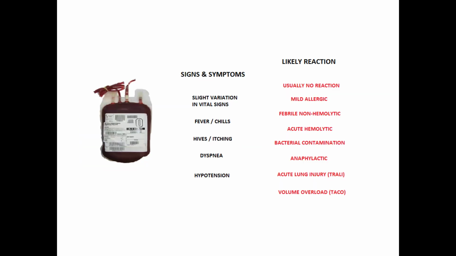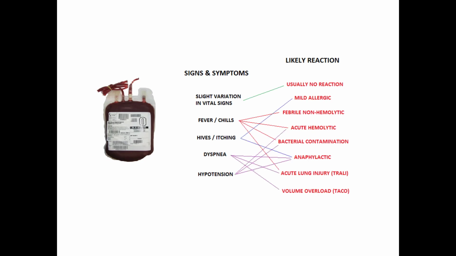Now, one of the difficulties with identifying transfusion reactions is that certain signs and symptoms can be found in a variety of different reactions. And so, for example, in a patient presenting with fever with a transfused red cell, it could be related to a febrile non-hemolytic reaction. It could be related to acute hemolysis, bacterial contamination, or even something as severe as transfusion-related acute lung injury.